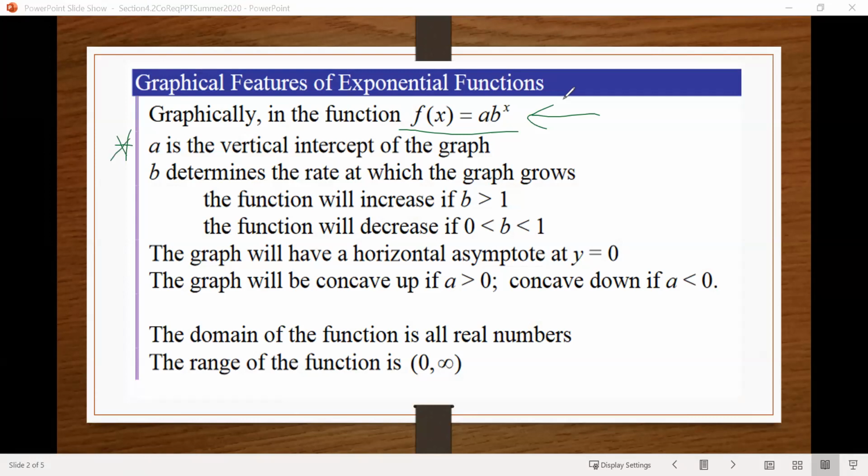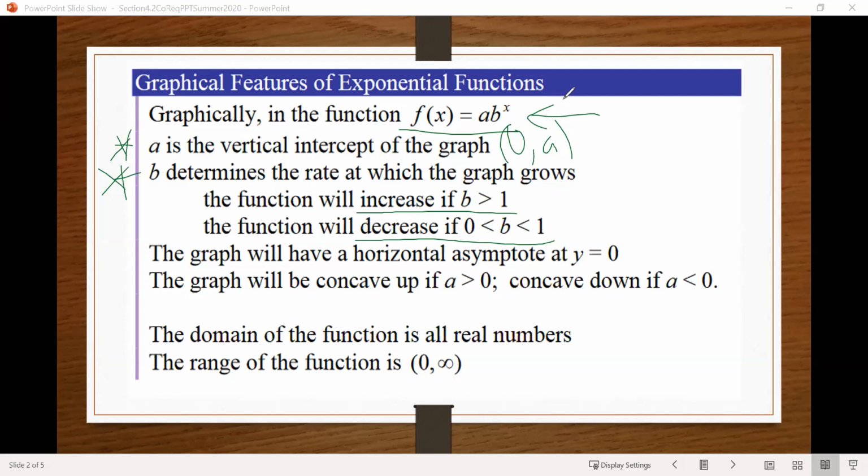So firstly, a is the vertical intercept of the graph, meaning that the graph will intersect the vertical axis at the point (0, a). The value b, the value being raised to the exponent, determines the rate at which the graph grows. So it increases if that value of b is greater than 1, so that's what we saw with 3 to the x. And it decreases if that value is between 0 and 1. Okay, so like when we had the 1/3 to the x.